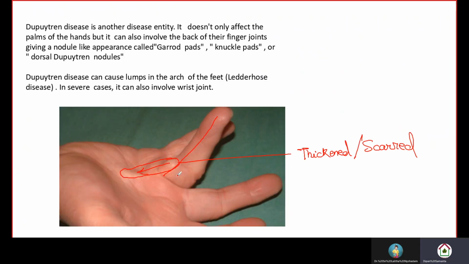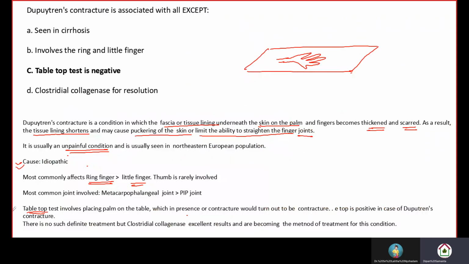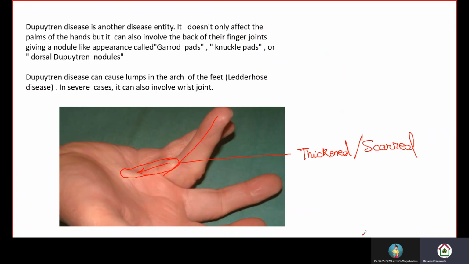Thumb is rarely involved, and here also in the picture, it is the ring finger. There is no definite treatment, but collagenase clostridium can give excellent results and is becoming a method of treatment for this condition. So tabletop test is the test for Dupuytren contracture, and it has to be positive in order to diagnose Dupuytren contracture.